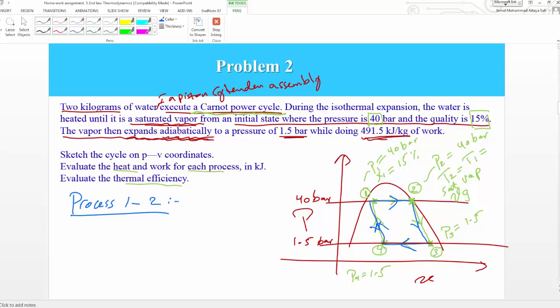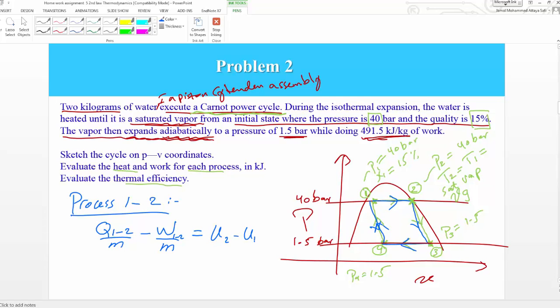In process 1 to 2, I always start by writing the first law of thermodynamics. I think if you write the first law of thermodynamics and then check what information you know and what information you don't know... So if you take this divided by the mass, just so you don't have the mass at least for this stage, Q minus W divided by the mass from 1 to 2 is equal to U2 minus U1, right?